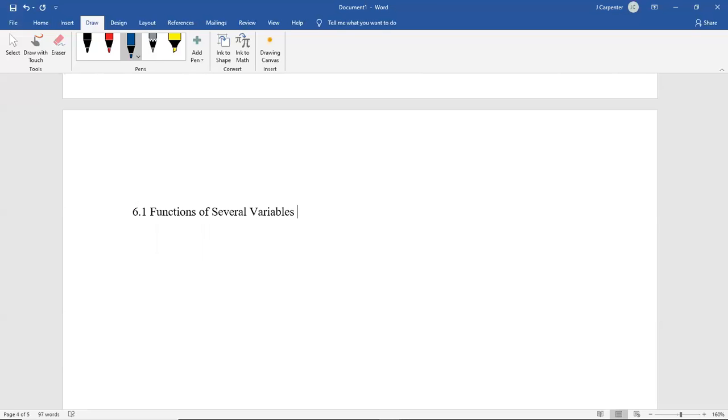Functions of several variables. We have dealt with functions of several variables only a handful of times in this class. We handled them with implicit differentiation, where you had to use that chain rule concept. Let's say you had x's and y's, and you were supposed to find dy dx.